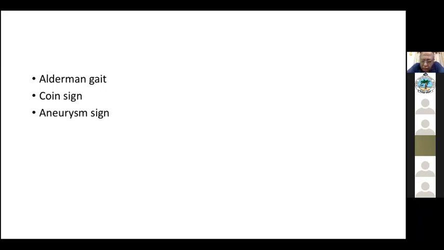What is aneurysm sign in tuberculosis? Who is going to answer? Vertebral lesion that mimics aneurysm.